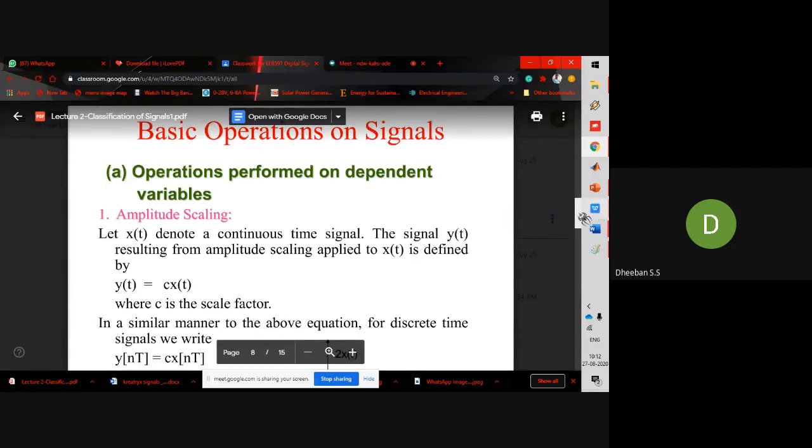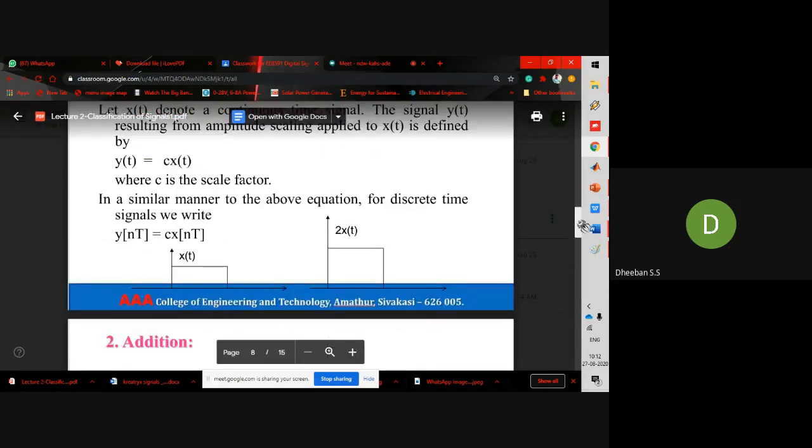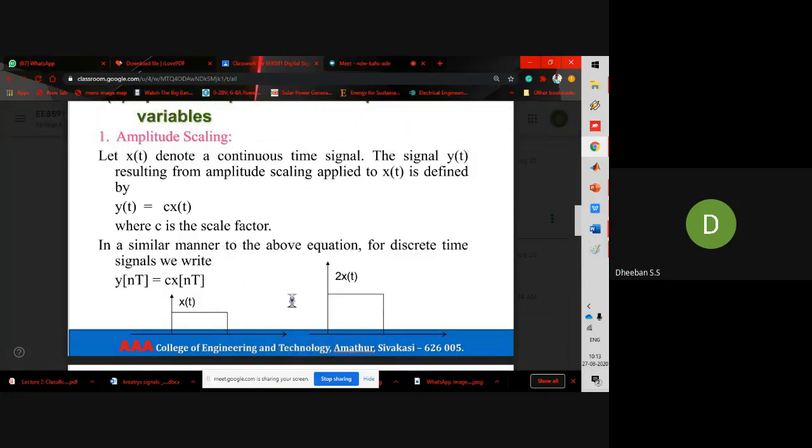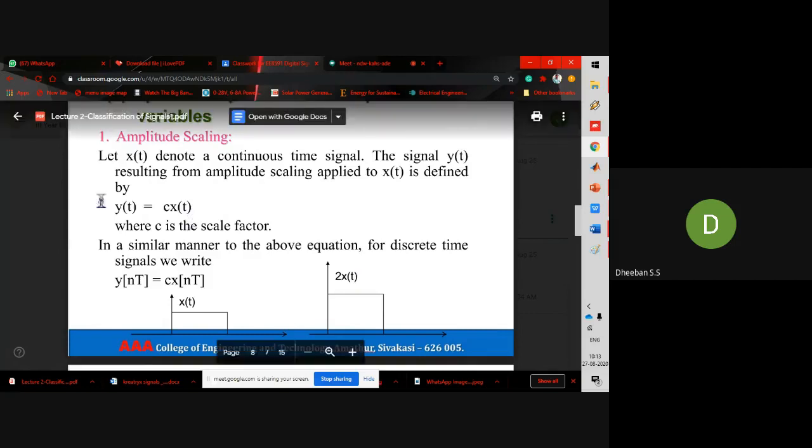If there is a value x of t, and you have to scale it, you have to multiply it with a constant. Here they are multiplying with 2. 2 is a constant, so it becomes twice that of x of t. This type of pattern is called amplitude scaling.